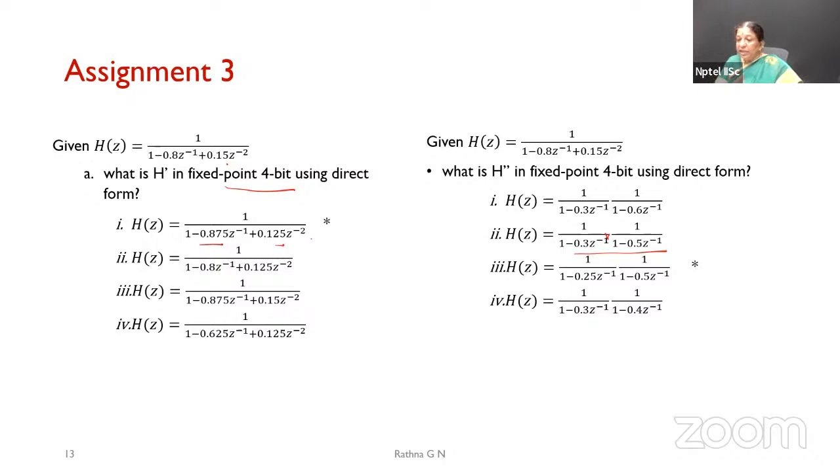If I take 0.875, what we can represent is minus 0.25 into z minus 1 plus 0.5. So as you will be seeing, 0.5 plus 0.25, what you will be adding. So 0.75 is the correct result.